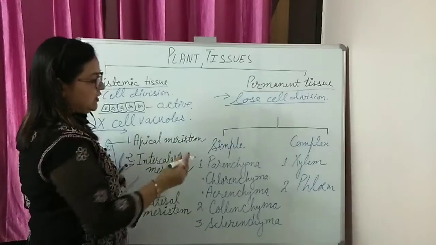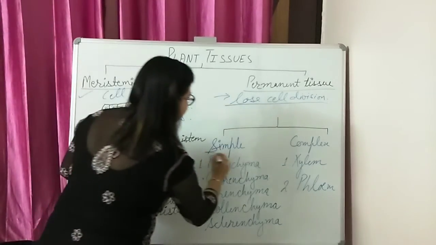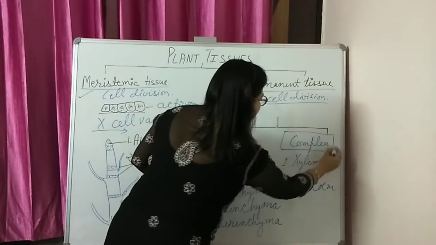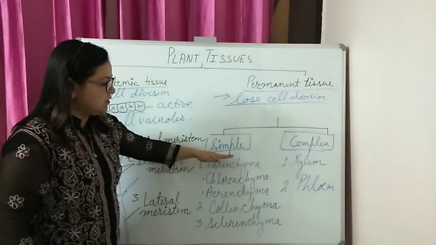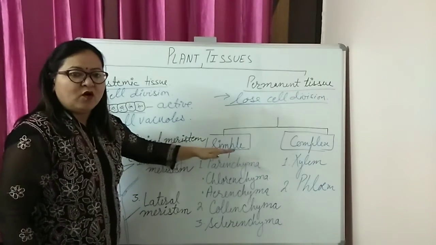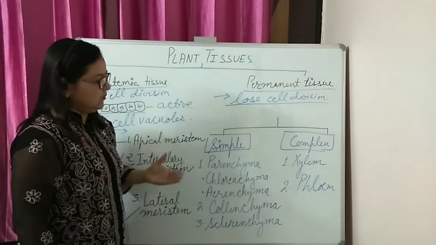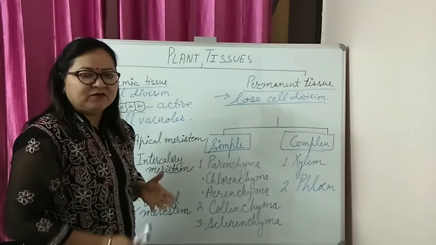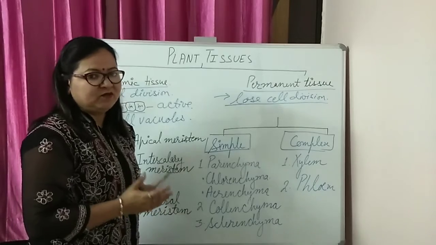It can be divided into two types. One is simple permanent tissue, and second, complex permanent tissue. What is the broad difference between these? In simple permanent tissue, all the cells are of a similar type to perform a common function, while in complex permanent tissue, different types of cells work together to perform a common function.